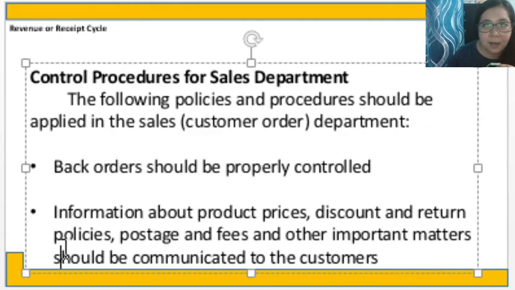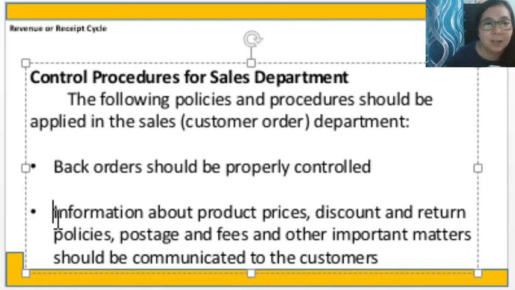Another is back order should be properly controlled as well for the returns of the sales. So there should be a process or policy and in recording also of the sales returns.